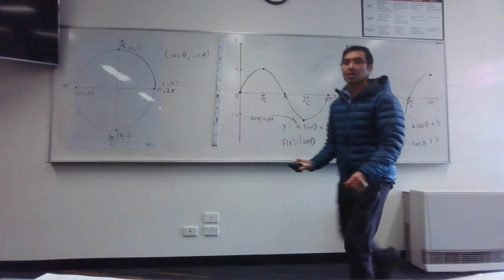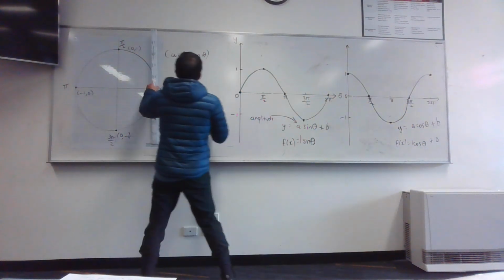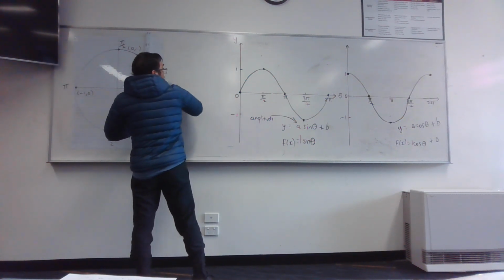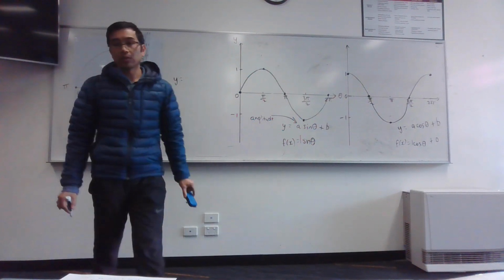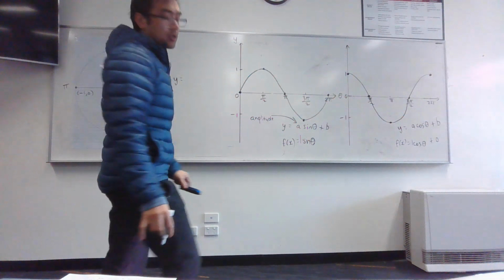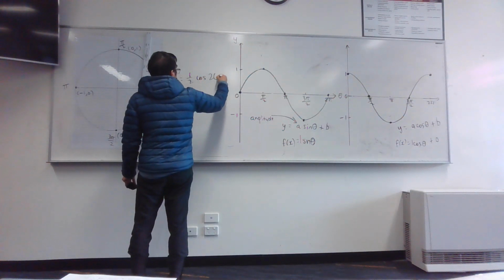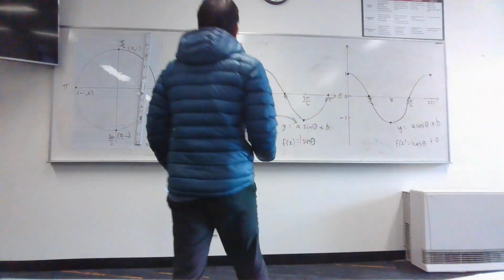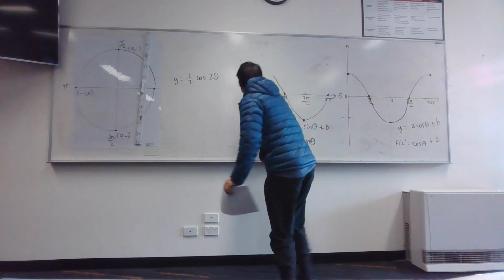Okay. Let's start graphing. Let's do this one. Y equals half cosine 2 theta. We're gonna graph this right now. There's one more thing that I need to do. I'm gonna wipe this off.